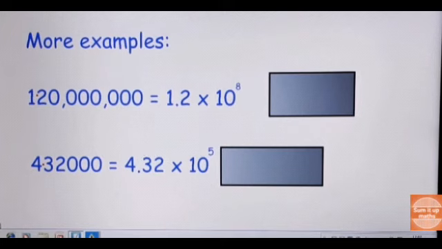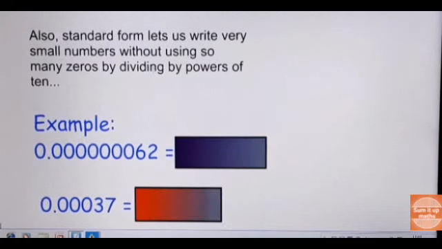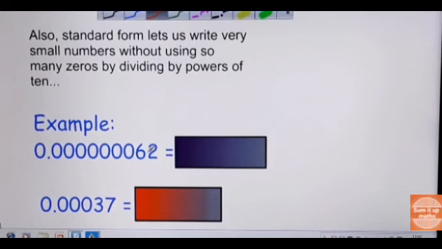Now, as I mentioned earlier, we can look at small numbers and alter these by dividing them by powers of 10. So this is a very, very small number here. If we look where the decimal point is at the moment, I'm going to put the decimal point here. So I've still got a number between 1 and 10. I've got the number 6.2, but this time to divide it.